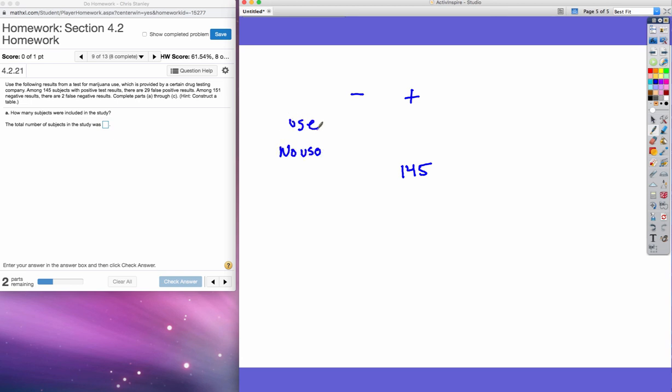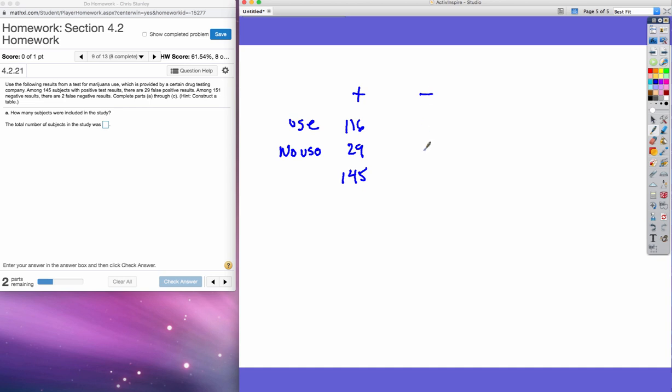This would be use. I'm going to make it look like the other table so I don't confuse you. They had the positive here and the negative here. So 145 in total were positive, in which 29 were false positives. So that leaves the difference, 145 minus the 29, at 116.